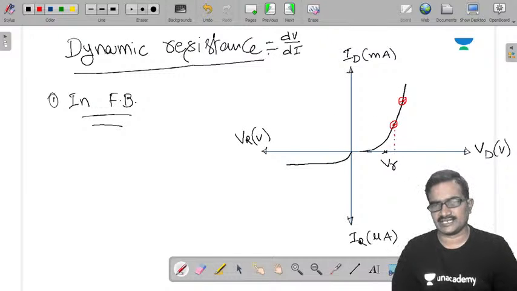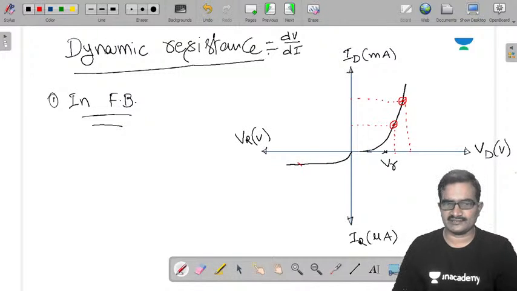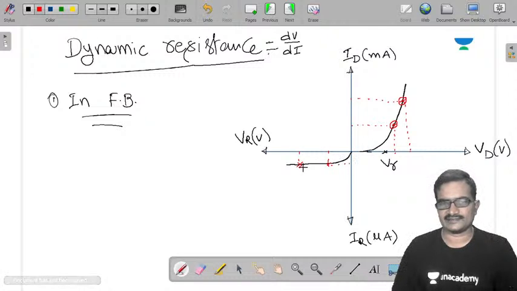Okay, just extend those 2 points onto the voltage axis. Similarly, I am extending those 2 points onto the current axis. Do the same thing here also, on the voltage axis and on the current axis. So on the current axis you get the same value.